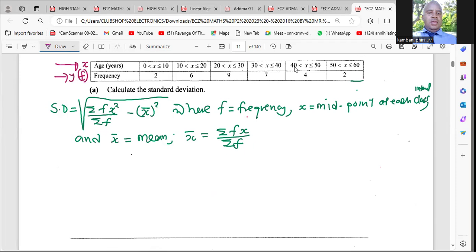When putting it, we put it on the Y axis. So when I talk about F, I'm talking about these numbers: 2, 6, 9, 7, 4, and 2. These are my frequencies. Is that okay?